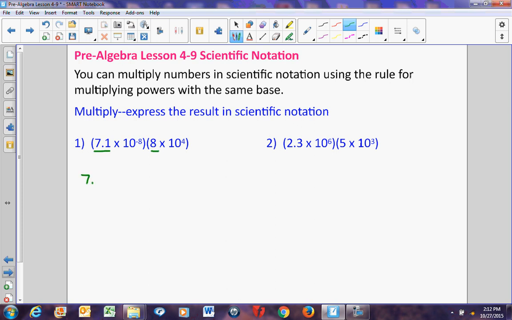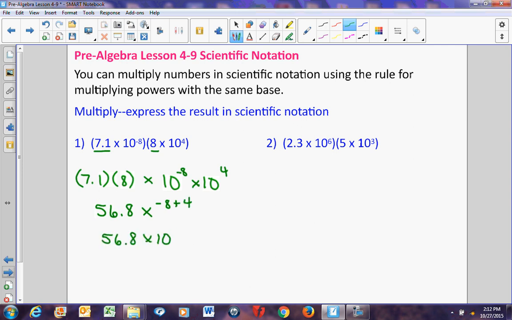So I'm going to multiply 7.1 times 8, and do the power of 10 part, 10 to the negative 8 times 10 to the 4th. So 7.1 times 8 is 56.8. This is going to be 10 to the negative 8 plus 4. So we now have 56.8 times 10 to the negative 4.